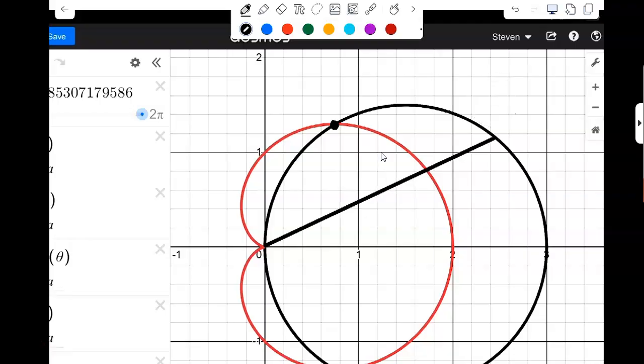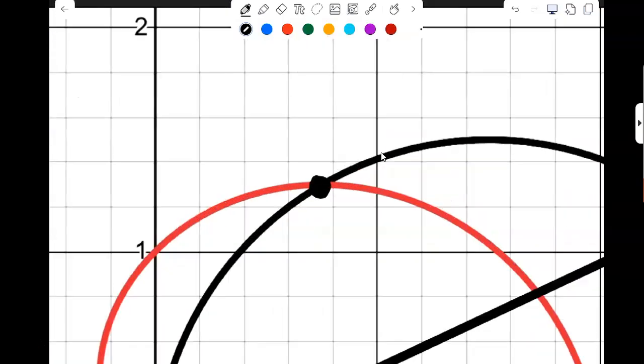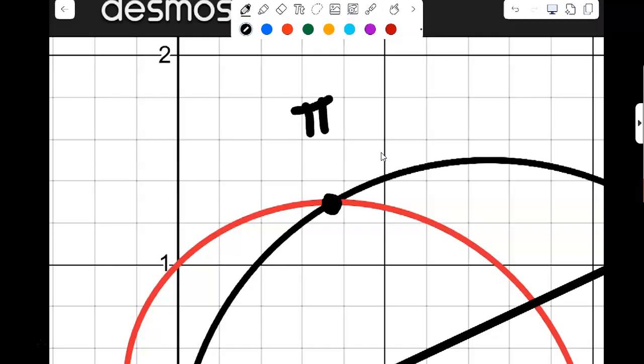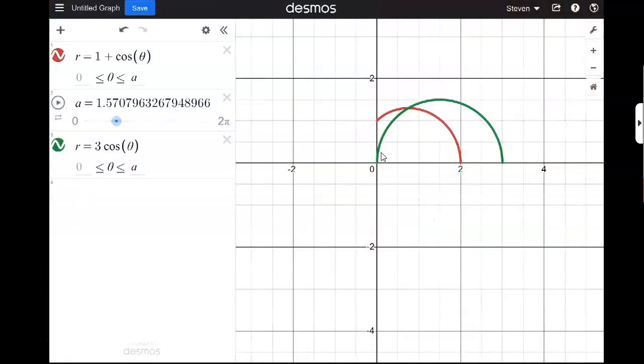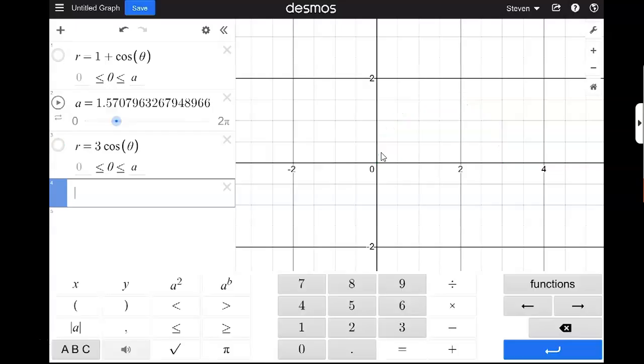We can see that the black graph, 3 cosine of theta, I'm coming out to first, crossing the red graph, the cardioid, 1 plus cosine of theta, second. But once I pass this point, which by the way happens at pi over 3, again, we could easily find that if we looked at the XY version of the graph. That's probably the easiest way to find that on Desmos.